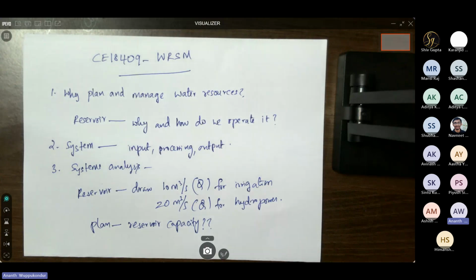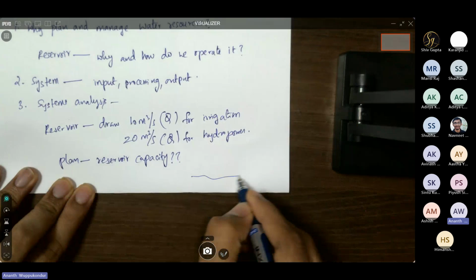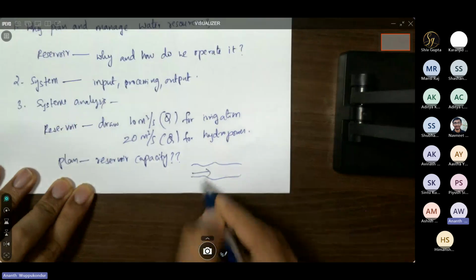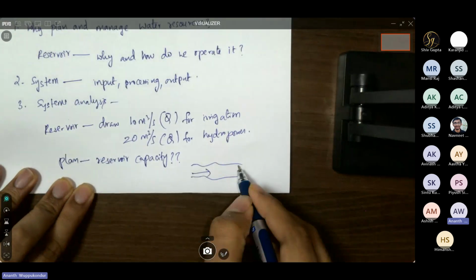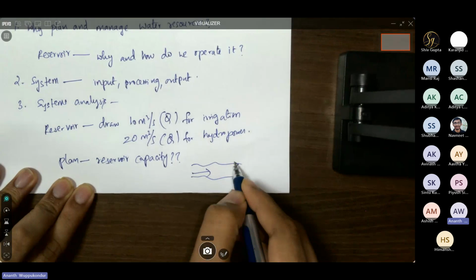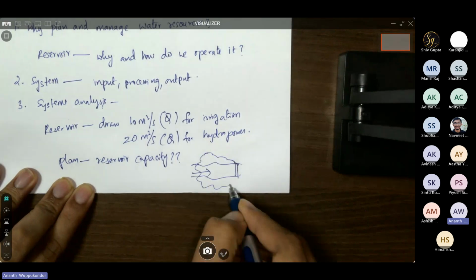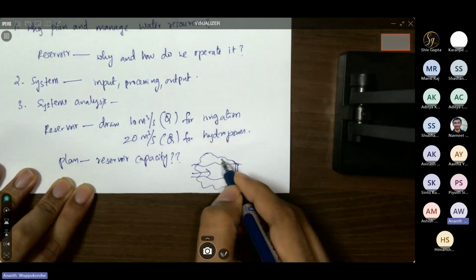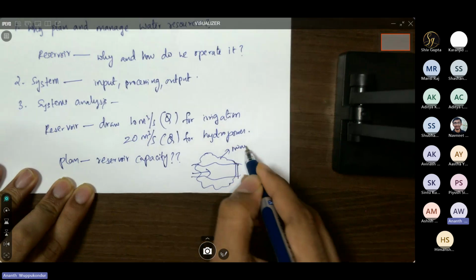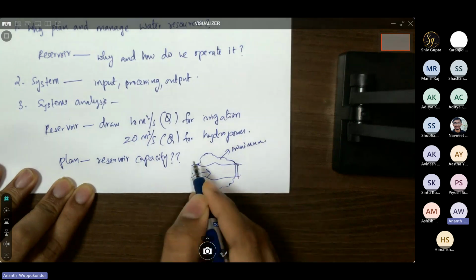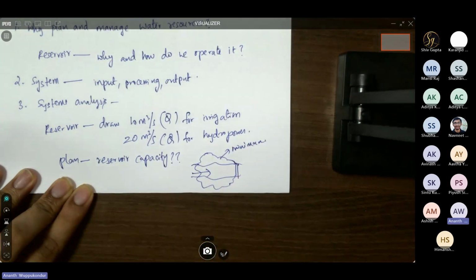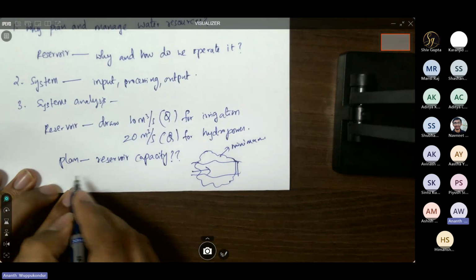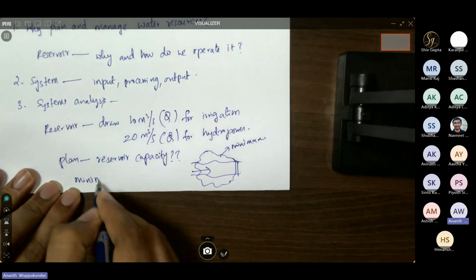Let us say you have a stream, looking in plan view, with flow from left to right, and you construct a dam, which creates a pool of water, your reservoir. This reservoir area should be minimum so that the impact on the upstream is also minimum. So our strategy here should be to minimize the reservoir capacity.